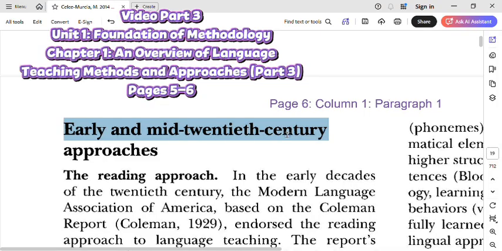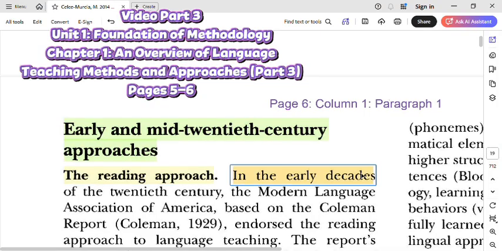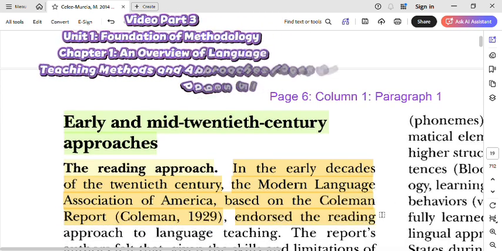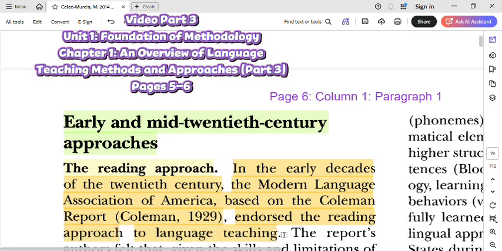Early and mid-20th century approaches. The reading approach. In the early decades of the 20th century, the Modern Language Association of America, based on the Coleman Report (Coleman, 1929), endorsed the reading approach to language teaching.